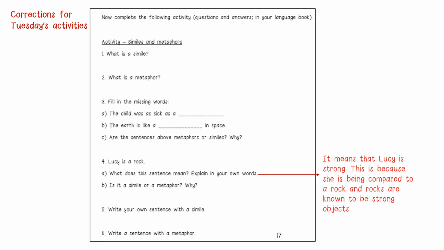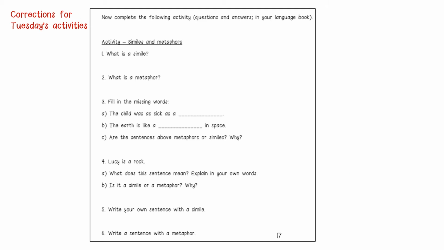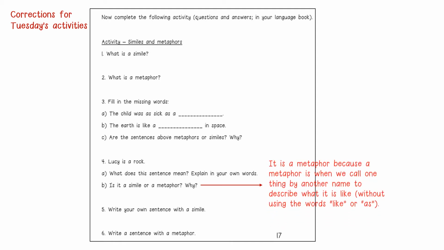B. Is it a simile or a metaphor? Why? It is a metaphor because a metaphor is when we call one thing by another name to describe what it is like, without using the words like or as.